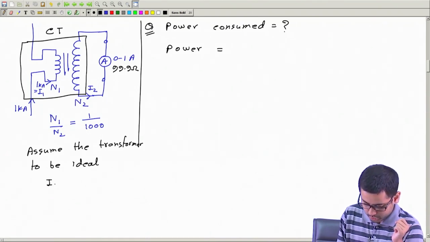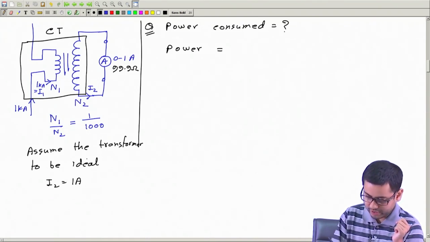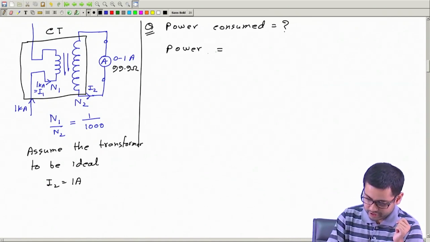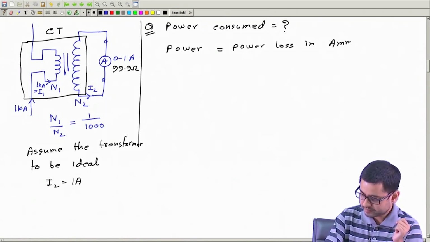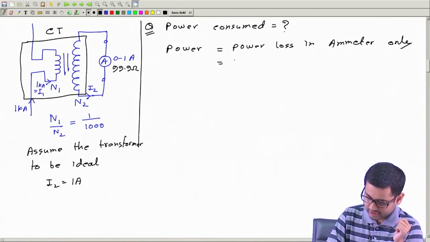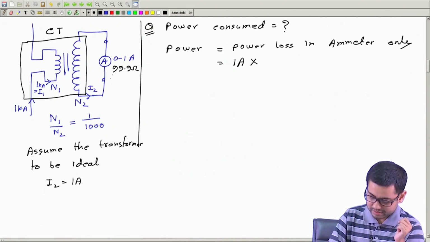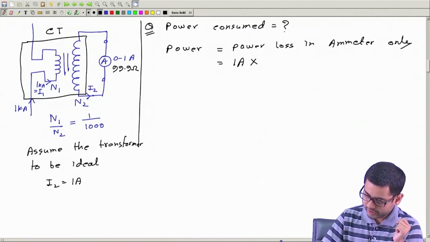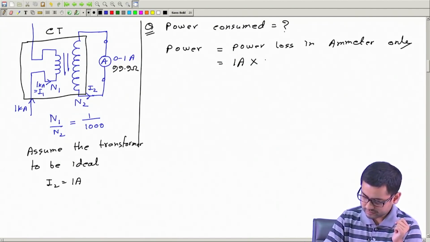So the power will be the power loss in the ammeter only, which is 1 ampere multiplied by the voltage.